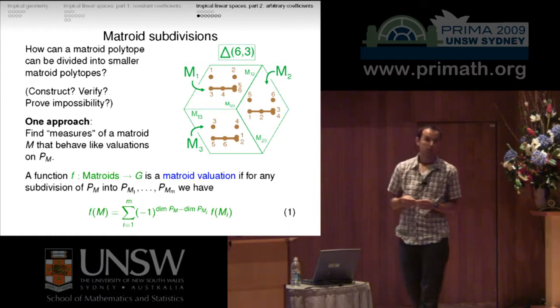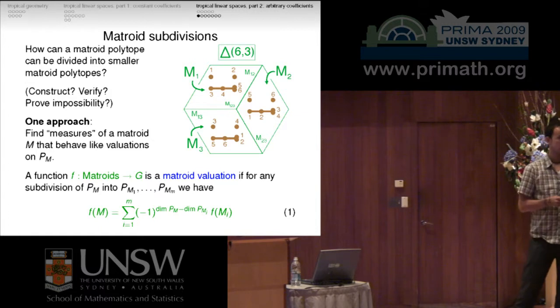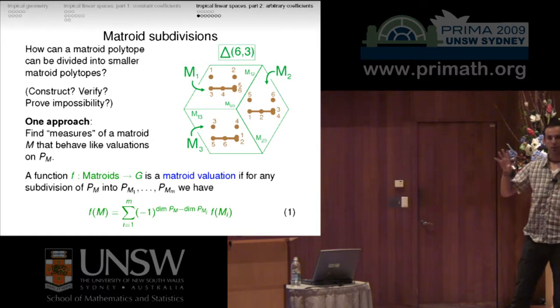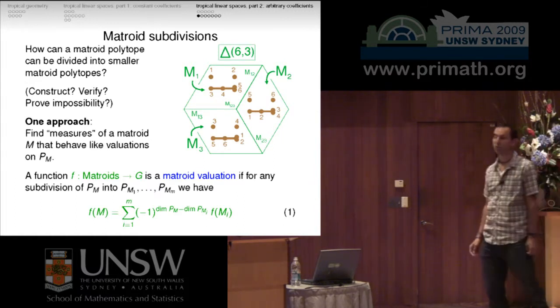And one approach that we have considered is basically finding ways to measure a matroid in a way that is compatible with this picture, okay? In a way that behaves valuatively on the polytope. Okay.